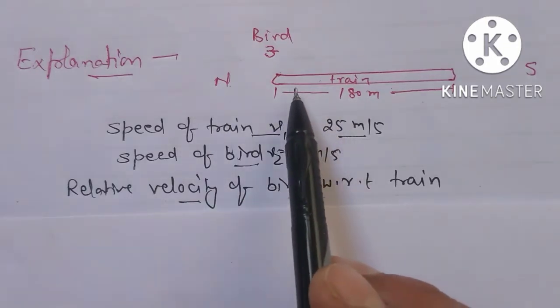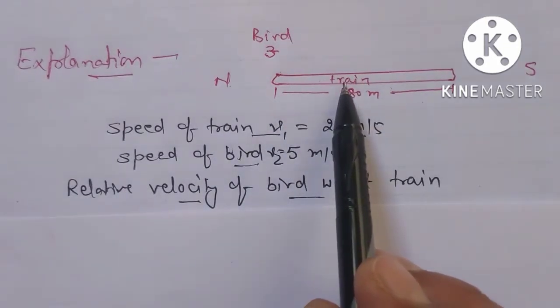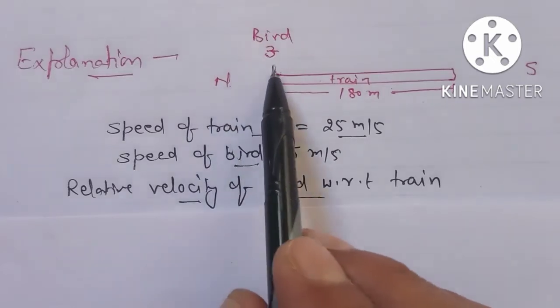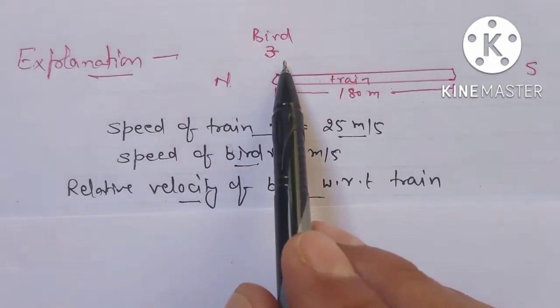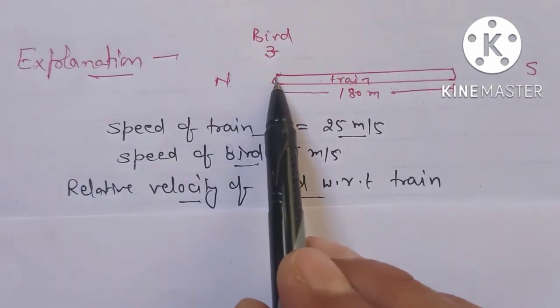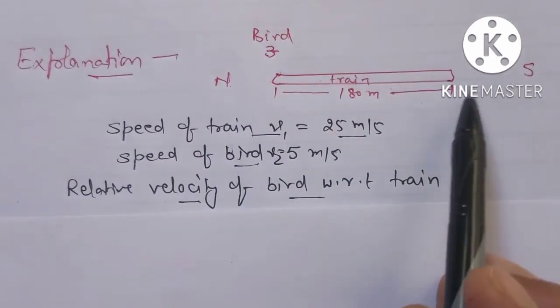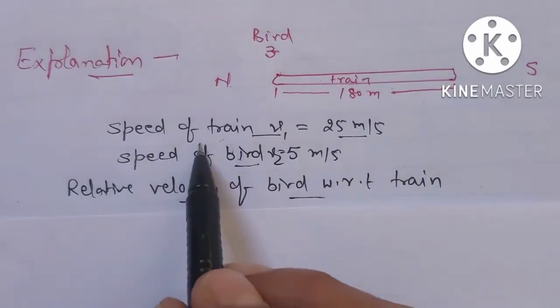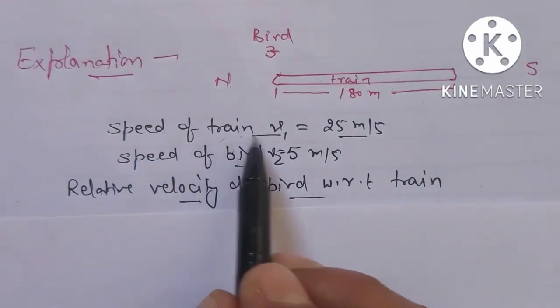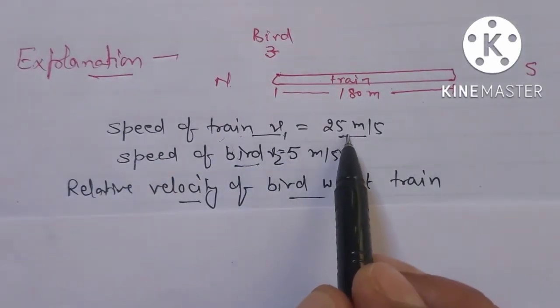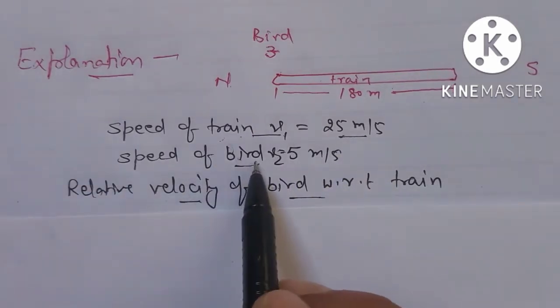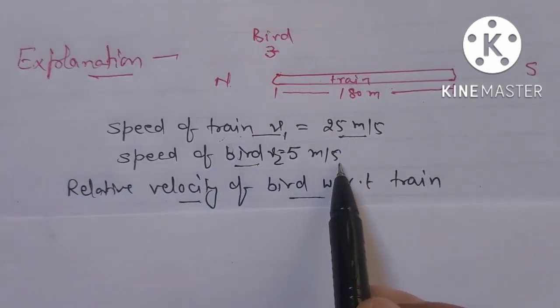Now let us see how we calculate the time taken by the bird to cross the train with explanation. Explanation. According to question, the train moves in one direction and the bird moves opposite to the direction of train, and let the speed of the train, that is v1 equal to 25 meter per second and speed of bird v2 is equal to 5 meter per second.